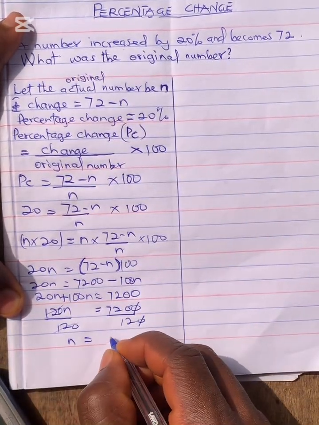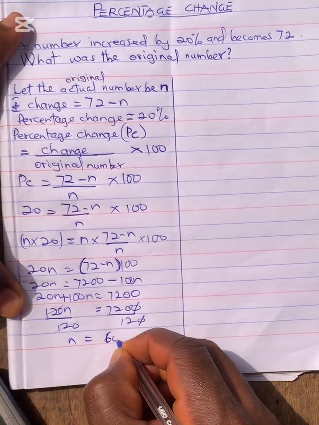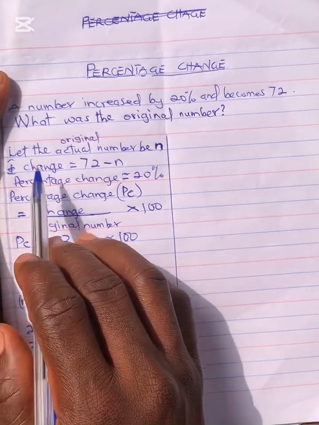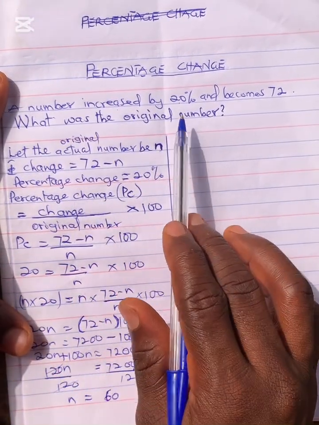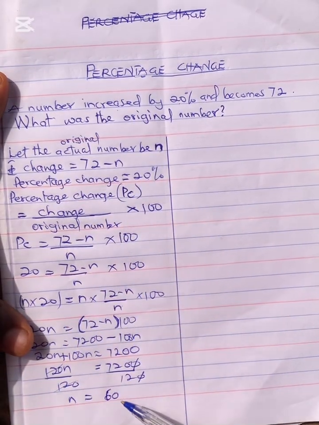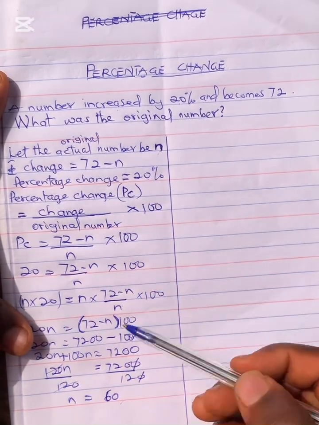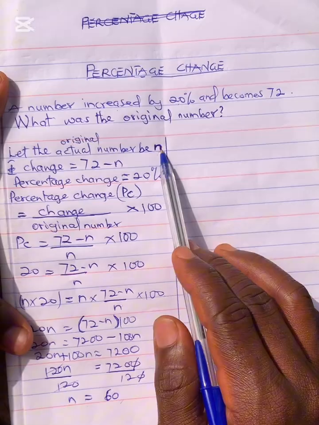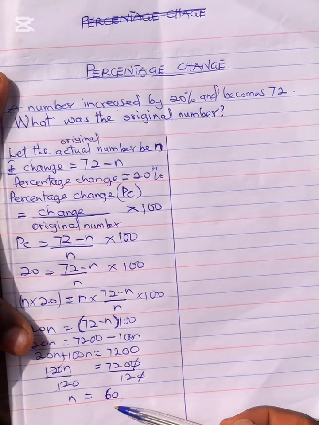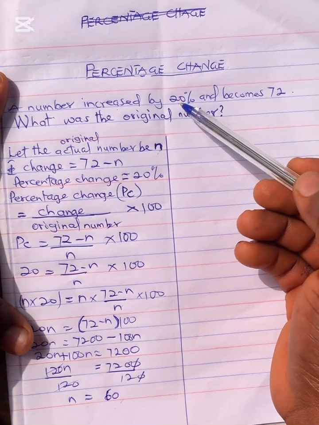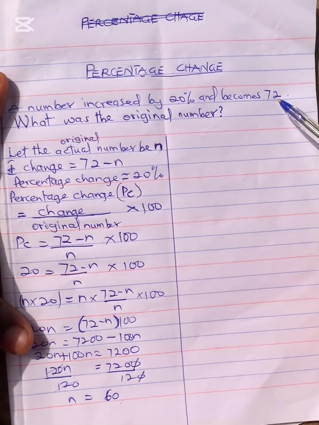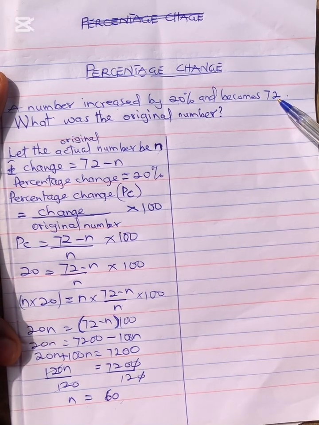So N equals 60. Don't forget, the original number before the increment is 60. So this 60 was increased by 20% to become 72. So this is the solution.